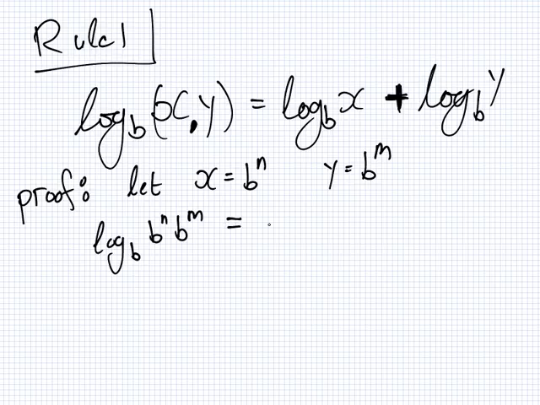But using your rules of powers, that's log base b of b^(n+m). Now, b to what power makes b to the power n plus m? Well, it has to be n plus m. Because only b to the power of n plus m can make b to the power of n plus m.